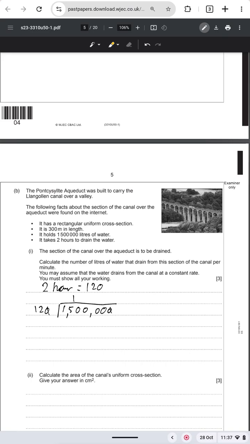That's 1, and there's going to be a remainder of 3. So we're going to bring down that 0. How many 12s are now in 30? There's 2 with a remainder of 6. How many 12s in 60? Well, there's 5. And then we're going to have a couple of zeros remaining. So it's going to be 12,500 litres per minute.